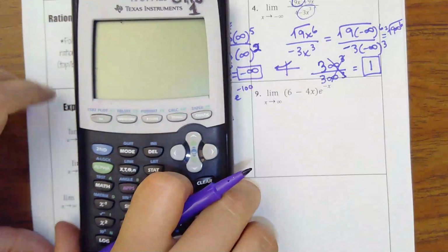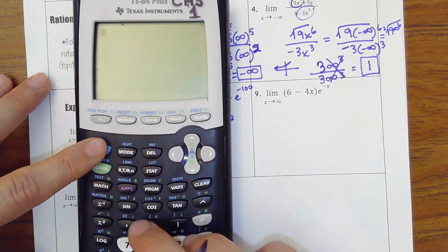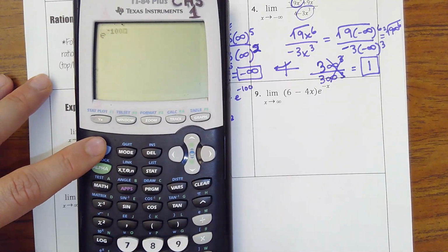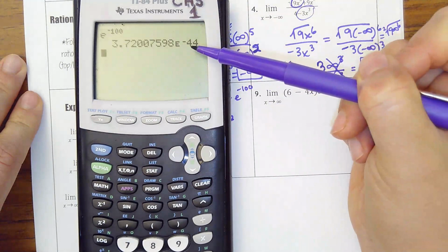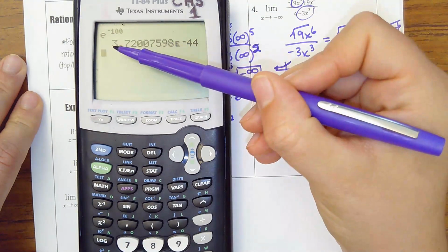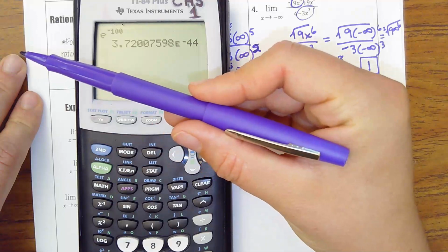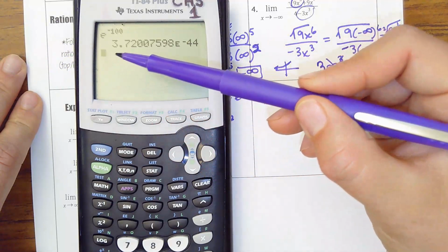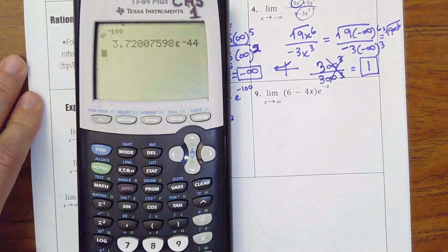If I'm going to put that on a calculator, I want you to see what it gets. It's this number times 10 to the negative 44th power. So that means this decimal is actually to the left 44 places. So there'd be 0.0000043 and then the 3. That is so small, that's essentially 0.